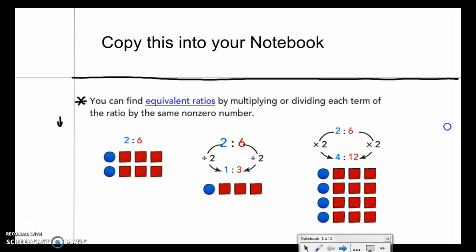As you see, you have 2 circles to 6 squares. If you wanted to double it or triple it, you could do that. If you were to double it, you would multiply 2 times 2, which would be 4, and 6 times 2, which would be 12. That's the same as saying I'm going to take this and draw it again down here. That's what happened in this situation.